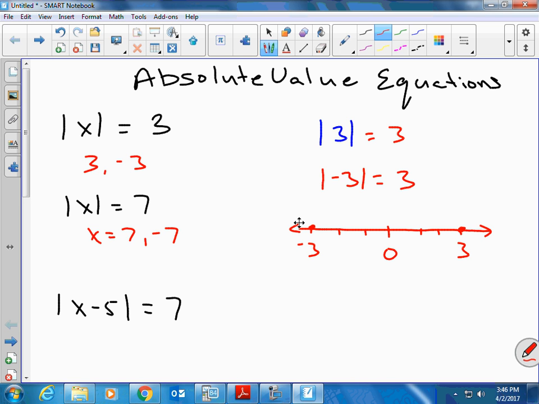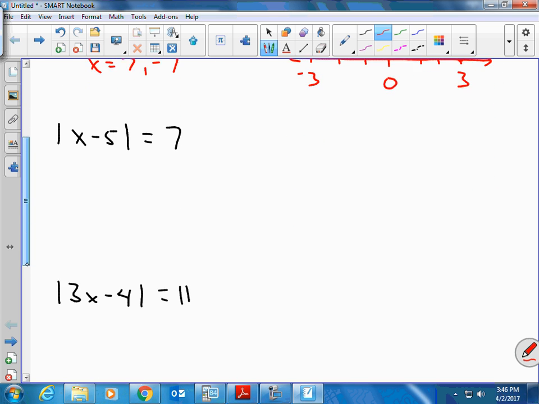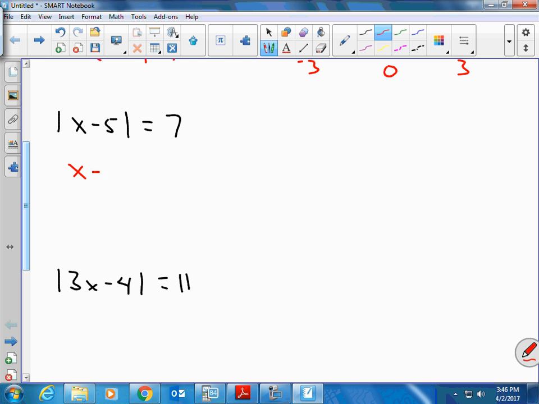That is my rule to solve absolute value equations. To solve an absolute value equation, take the expression that is inside the absolute value, and that can either equal the number or it can equal the negative of the number.